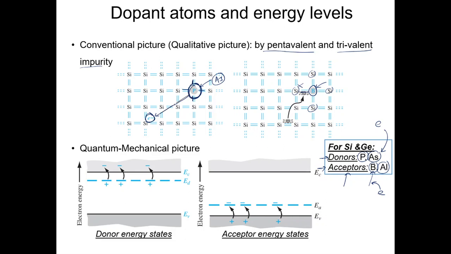Now this is the classical picture. Quantum mechanically, what happens if you introduce these dopings? You can assume, or you can visualize, that locally in this region, the band structure would get altered. Now what happens to the band structure in that local region?